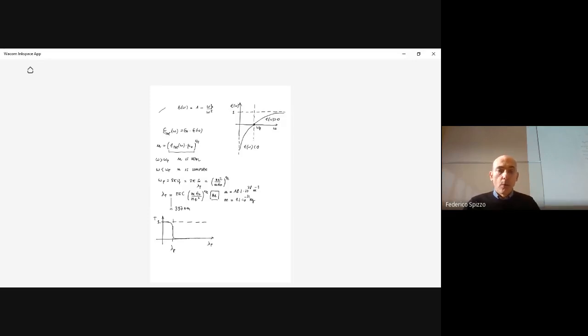But changing only the lambda p parameter or the omega p parameter, you are not able to describe something like gold or copper, because gold and copper have a color. So they are bright, they reflect light, but they also have a color. Using this model, you are not able to predict any color, because the only change of the optical properties that you may have here is the change of a parameter, lambda p or omega p, that are in general in the UV light range.